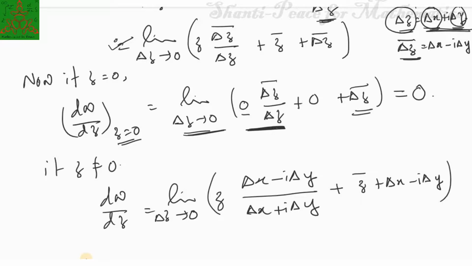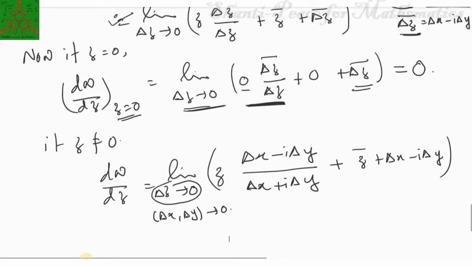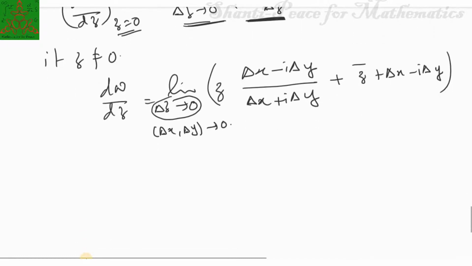Now I am choosing the path, or I can take a repeated limit, because delta z tends to 0 means delta x, delta y tend to 0. So now I am taking the path as repeated limits. First I will show that the repeated limits are not equal, so that the limit does not exist.